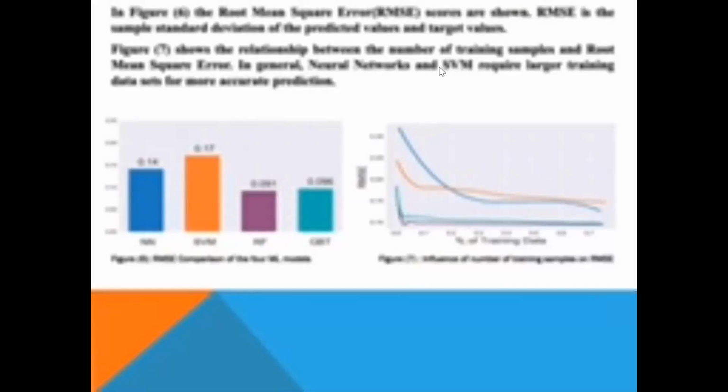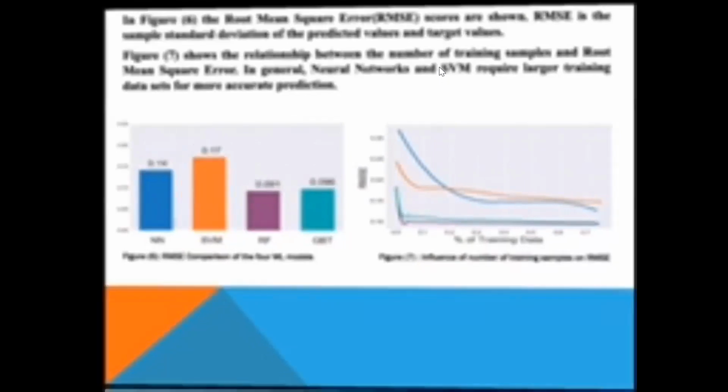Here in this figure, the RMSE scores are shown. And here in this figure, it shows the relationship between the number of training samples and RMSE. In general, neural network and SVM required a larger training dataset for more accurate prediction.